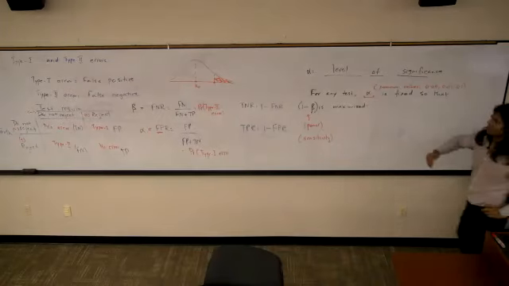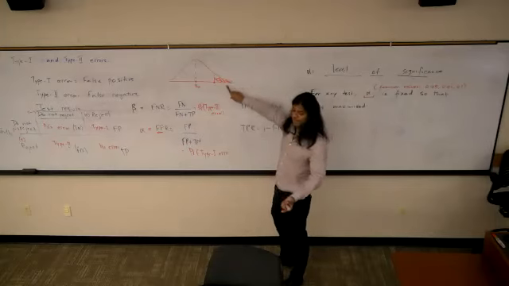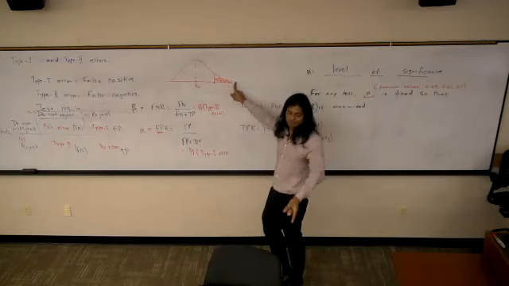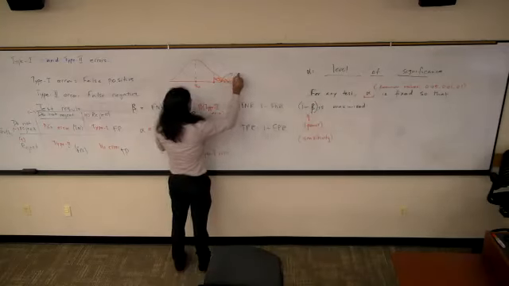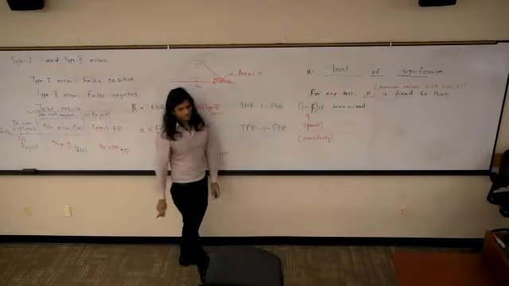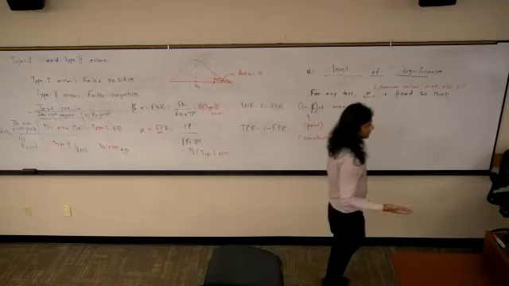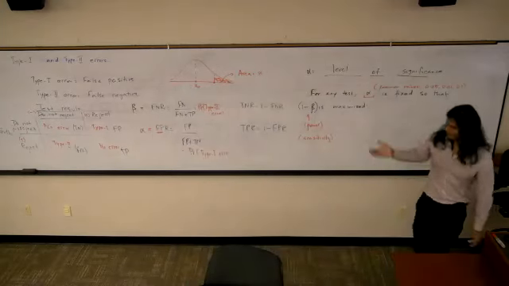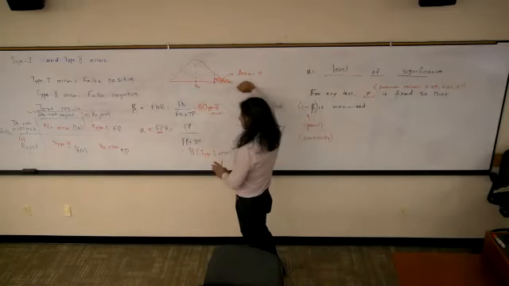Oftentimes people would say that is the type 1 error. It's not true. It is the probability of making a type 1 error. So that is the value of it. Area under the curve is a probability. We denote it by the letter alpha because we're referring to what's positive.